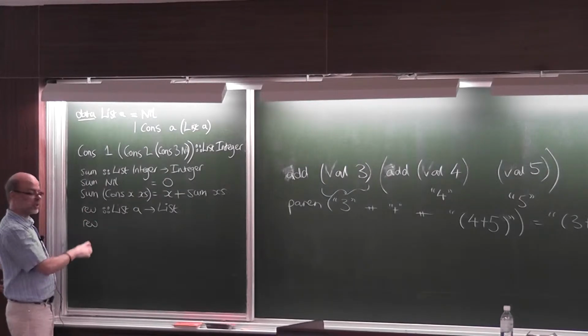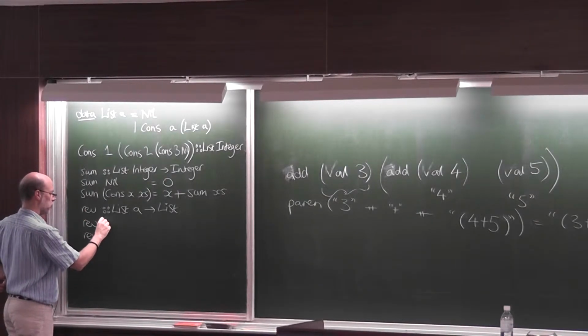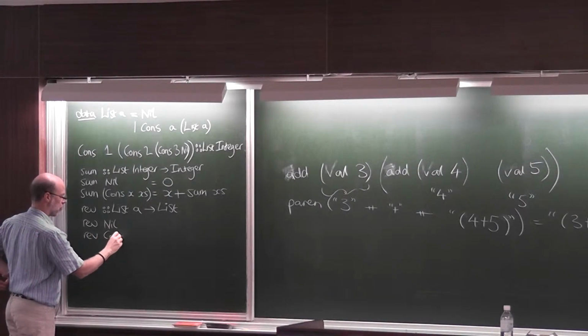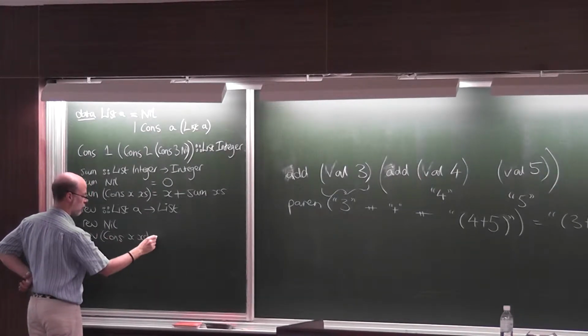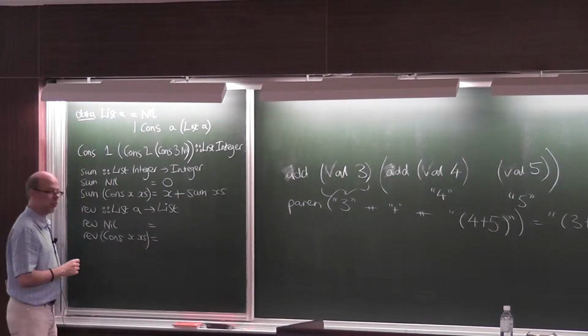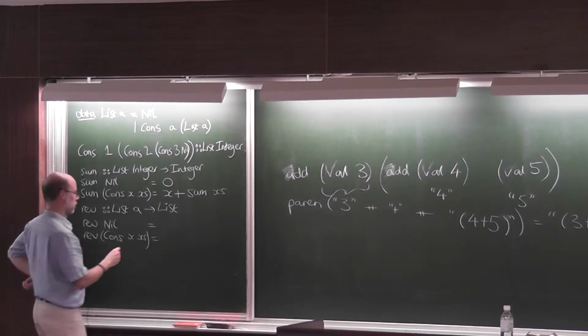And there are two kinds of lists, nil and cons, so I need to give two definitions for reverse, two clauses. What's reverse of the empty list? Empty list.